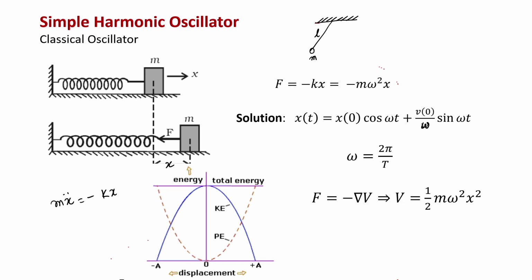Now, energy is of course a constant of motion, which is kinetic energy plus potential energy. As the displacement happens, once you pull this mass towards the right and then leave it, it will go back because of this restoring force. This is called a restoring force, and the negative sign says that it will go in the direction from which it has been displaced.